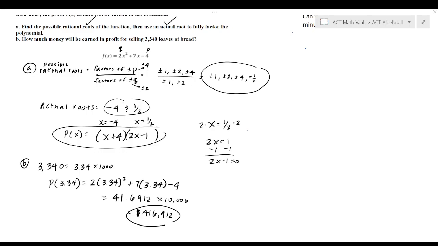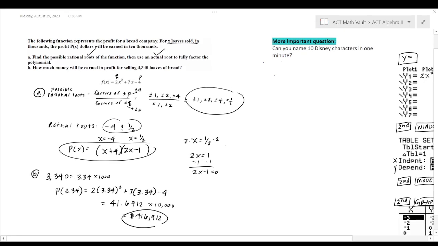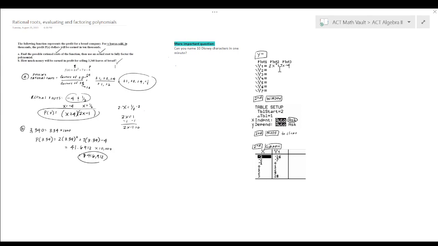And there you have it. We've done everything. So we figured out how much the profit would be for selling the 3,000-ish loaves. Feel free to replay this video for these calculator tricks, but this is a really helpful technique to be able to find the actual zeros.